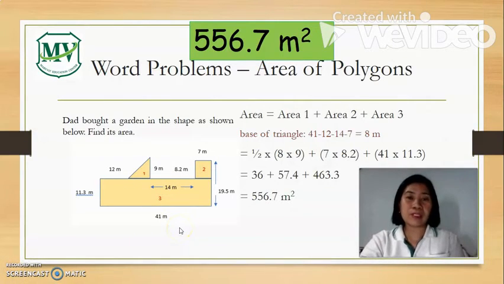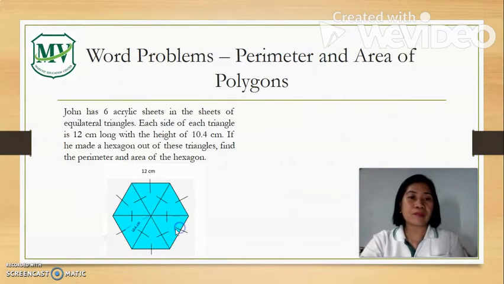Next example. John has 6 acrylic sheets in the shape of equilateral triangles. Each side of each triangle is 12 centimeters long with a height of 10.4 centimeters. If he made a hexagon out of these triangles, find the perimeter and area of the hexagon.